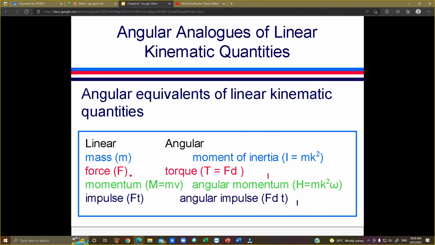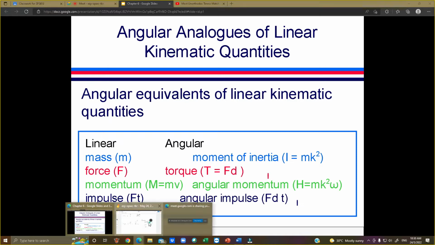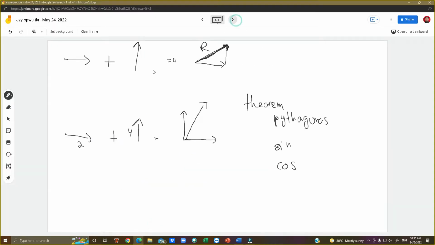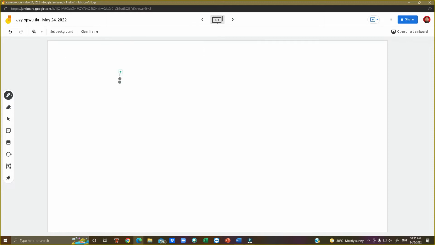Force yang ada dekat linear tu, where we measure it in terms of Newton, in angular it is known as torque. Ni benda kita dah belajar. F dengan distance. Distance of what? Distance between the force application and the axis of rotation. Ni contohlah. Kita ada lengan.